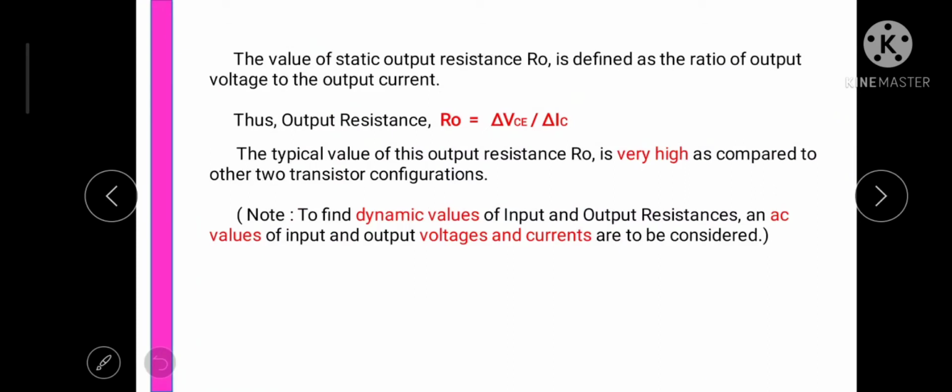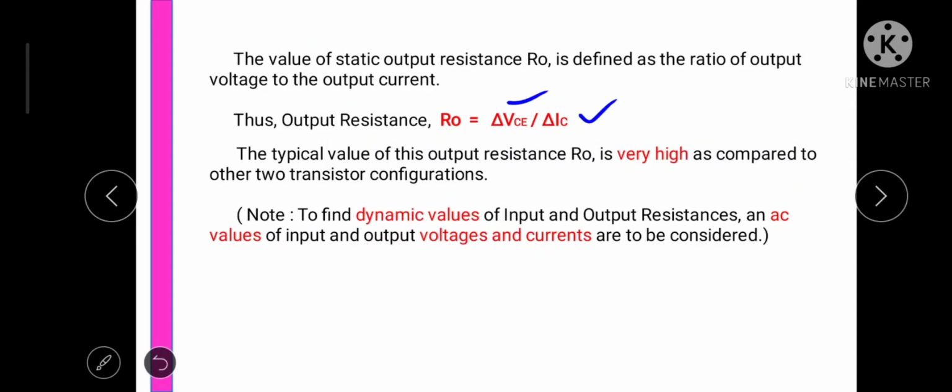The value of static output resistance RO is defined as the ratio of output voltage to the output current. We can formalize this output resistance RO as change in output voltage upon change in output current. That means RO equals delta VCE upon delta IC.